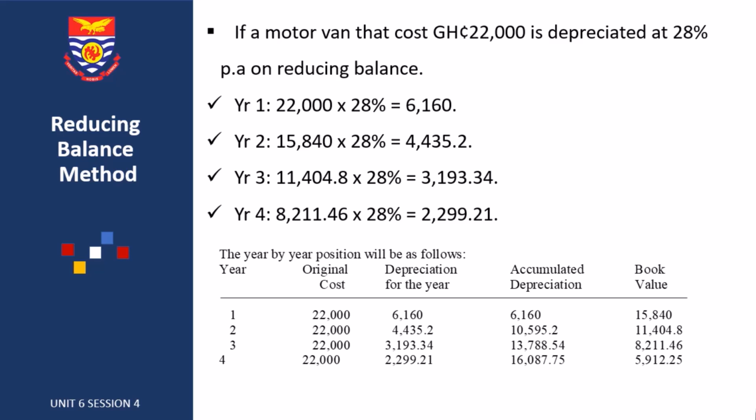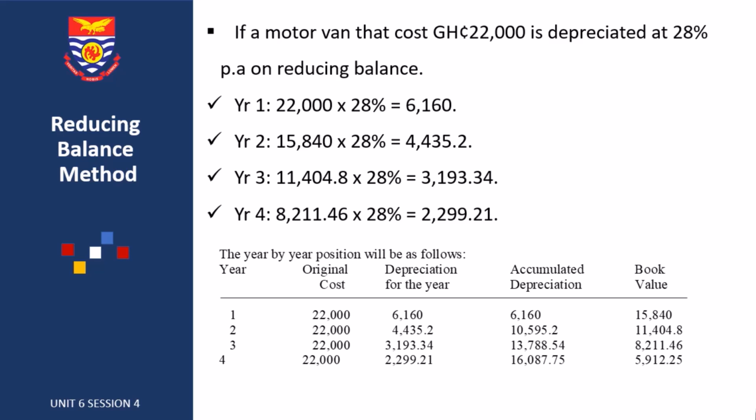So for year 2, the 15,840 is multiplied by the rate of depreciation, and that is giving us 4,435.2. Again, we estimate the accumulated depreciation, and then for year 3, the net book value will be 11,404.8.